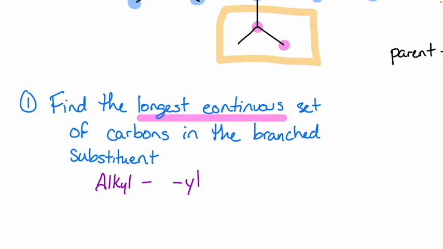So if I'm going to name this 2-carbon group right here, what would that be? There's 2 carbons, so what prefix is that? Eth, and again, we're going to keep a yl ending, so this is an ethyl.